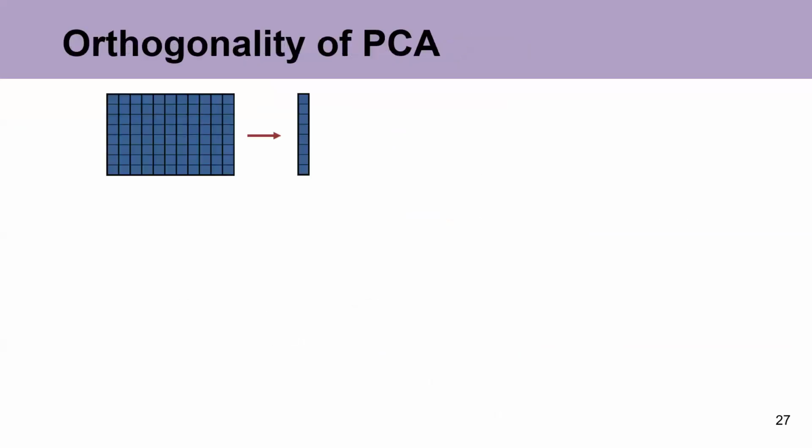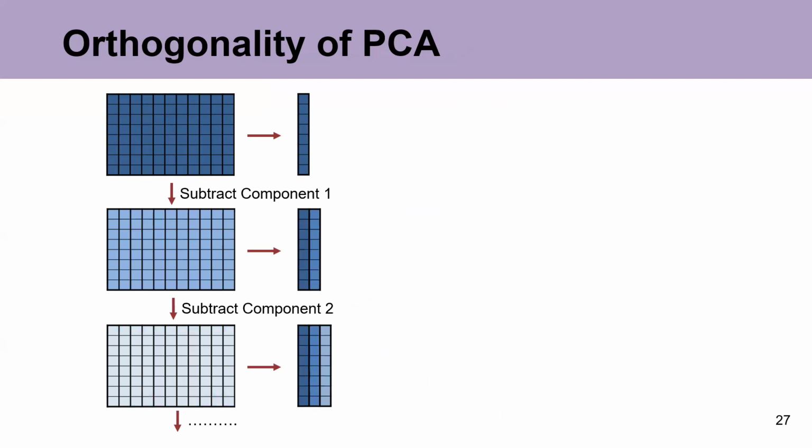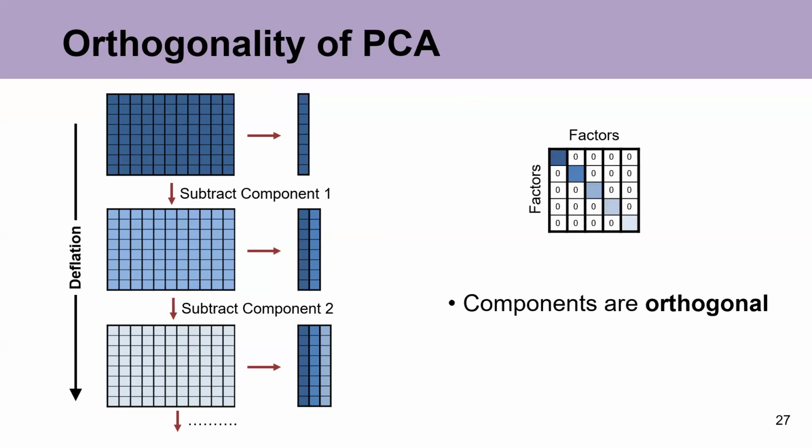Okay, so you see this process of subtraction, and that's the process of deflating my matrix, reducing the dimensions. This process is also why we end up with orthogonal things. So I got my first component. Component one is subtracted.